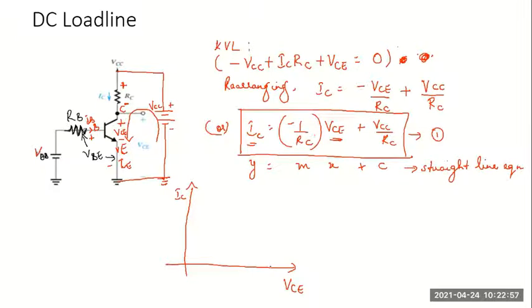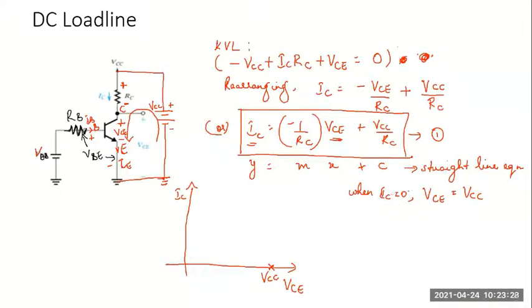And how do I draw the straight line? Initially, if you want a point on the x-axis, make the y-coordinate 0. So when IC is equal to 0, what is the value of VCE from equation 1? You put IC as 0 here. You can consider this equation also. You will get VCE is equal to VCC. So when I put IC as 0, VCE would turn out to be equal to VCC.